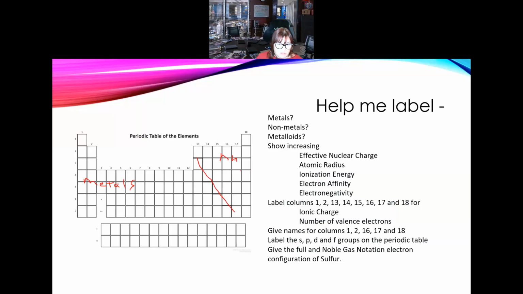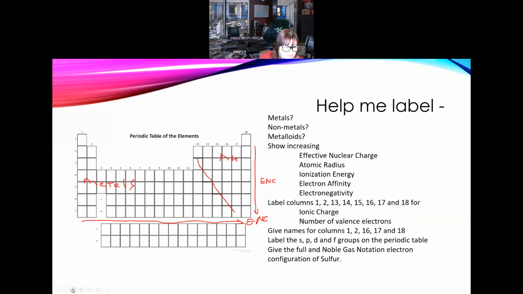Okay. Effective nuclear charge gets bigger as we go across this way. So there's more effective charge on that side, and more as we go down. So that's my effective nuclear charge. My atomic radius is going to get smaller as the effective nuclear charge gets bigger.